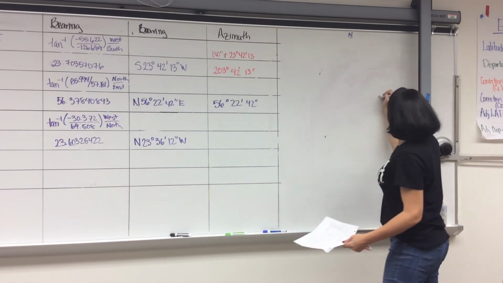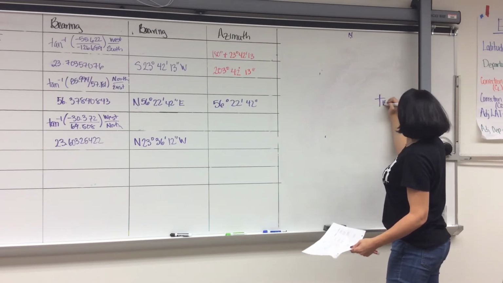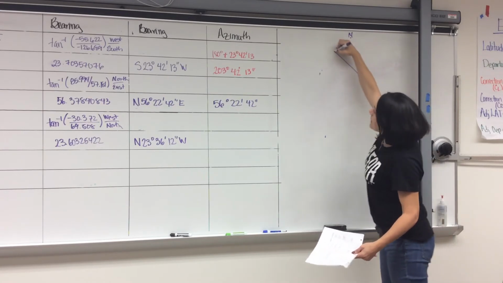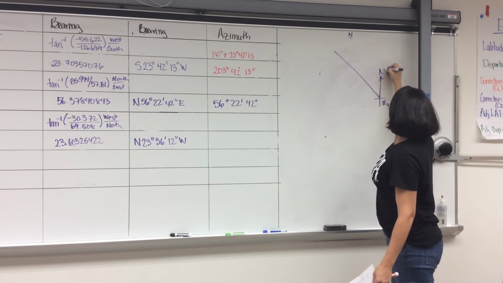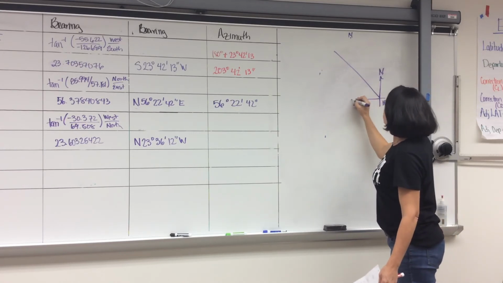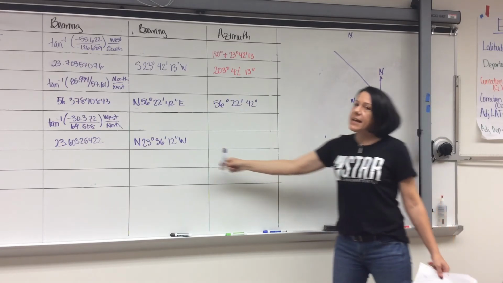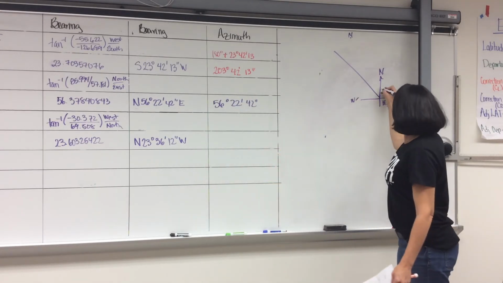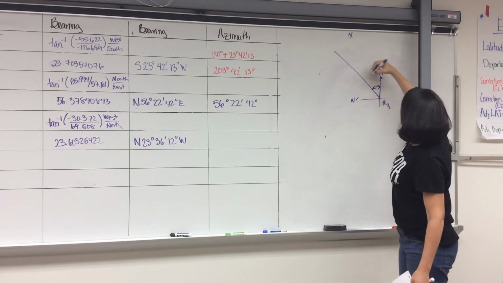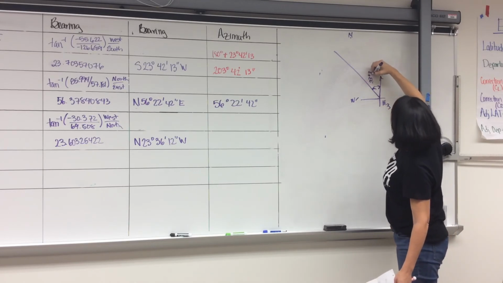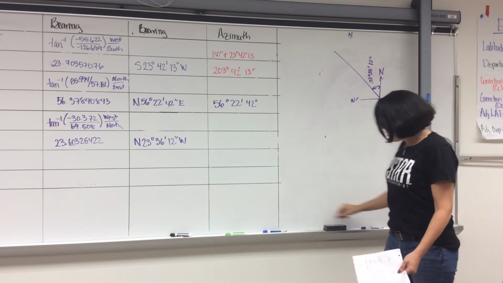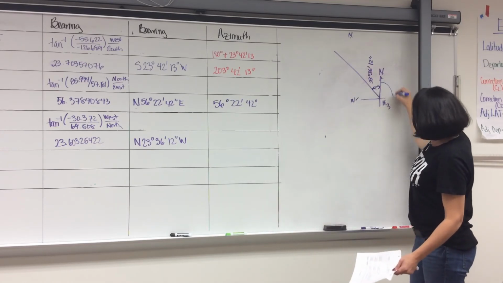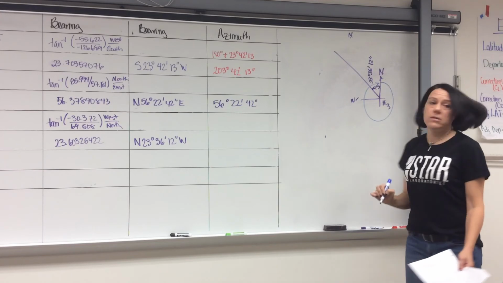Now, lastly, I'm going from a point over here at number 3 back to point 1, northwest. North and west. And it said that it was 23 degrees, 36 minutes, 12 seconds. Now, what is this angle here? 360.